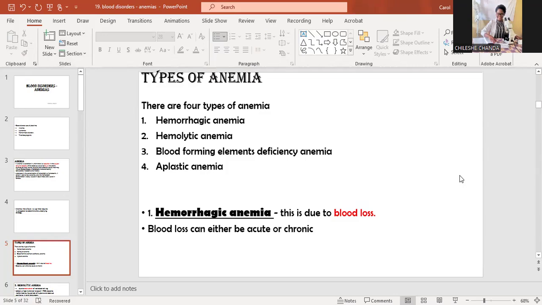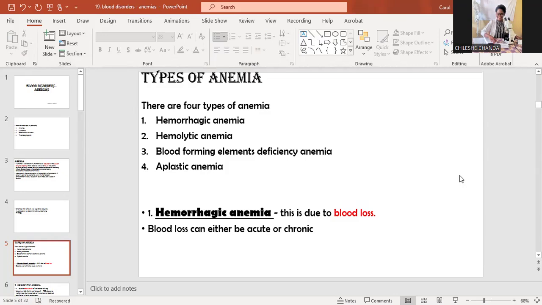Once they are broken down, the byproducts of these red blood cells, in particular iron, are reused to make some more red blood cells. The body reuses some of the byproducts, in particular things like iron, in order to make new red blood cells.